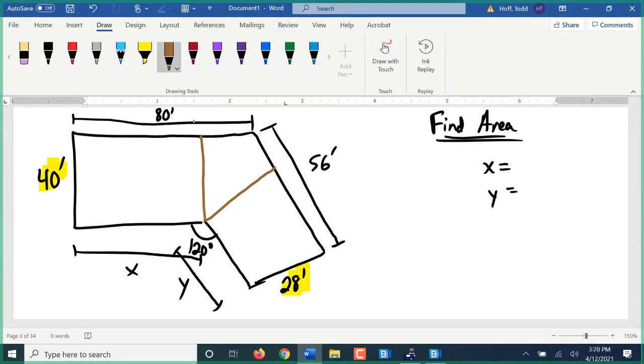But you can see this distance, definitely not the same, very different. I'll label this one A, this one little b. And we do still know that this angle is 120 degrees. Those angles are still the same.